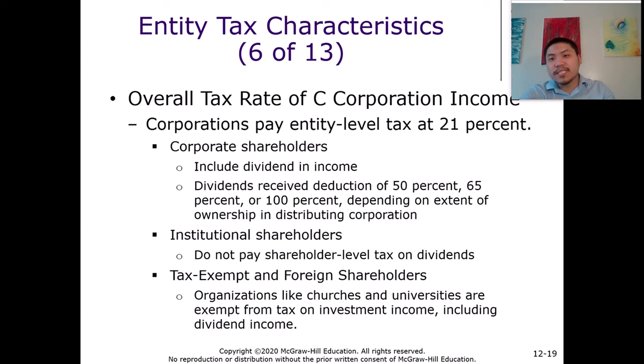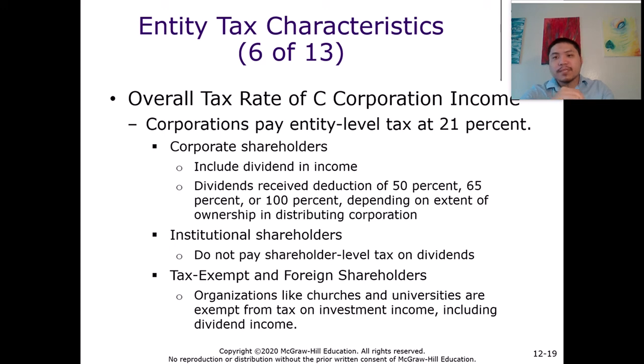So if company A owns less than 20% share of company B, then company A can exclude 50% of the dividend that they receive from company B, right? If company A owns anywhere between 20% and 80% of company B, then they can exclude 65% of the dividends they receive from company B, right?